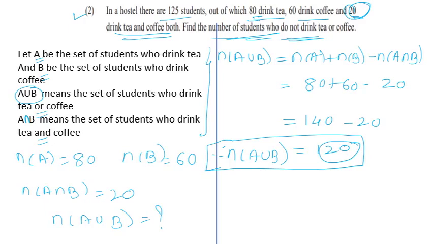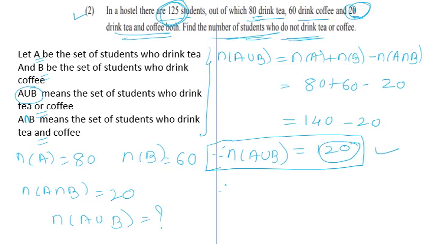And see now, in the hostel there are how many students total? 125 students are given. Out of these 125 students, 120 drink some coffee or tea. Therefore how many students are there who do not drink tea and coffee? 125 minus 120 equal to 5.